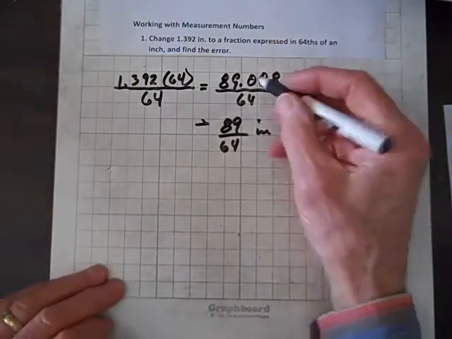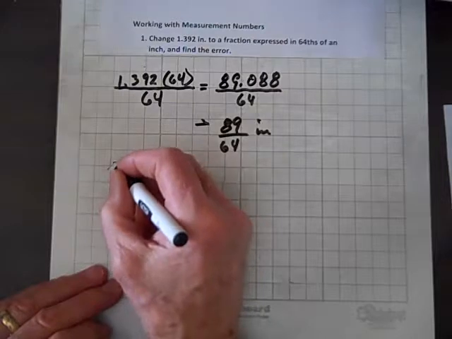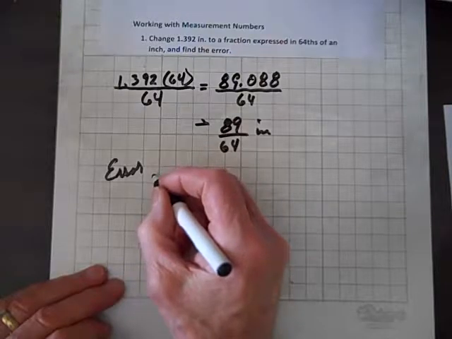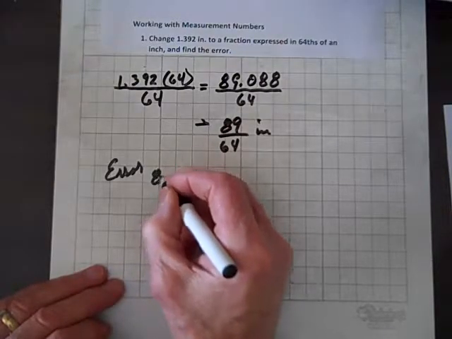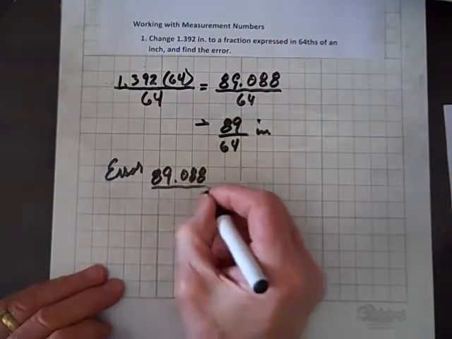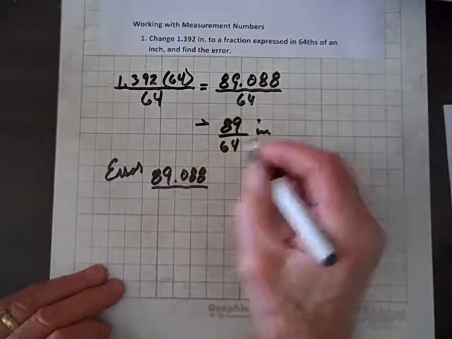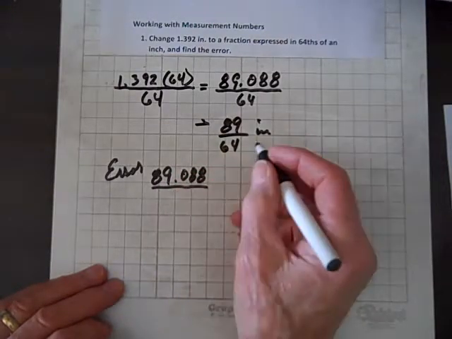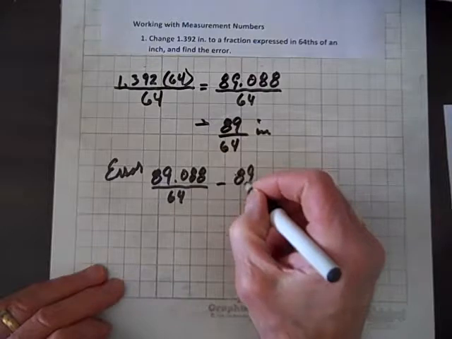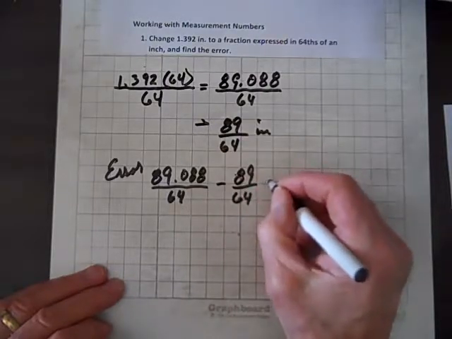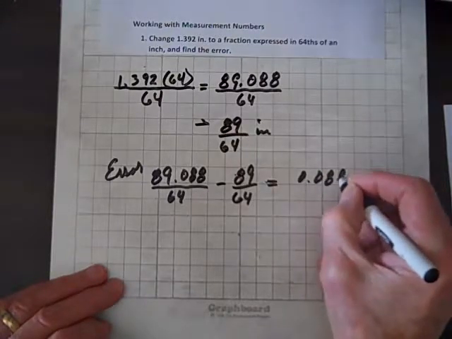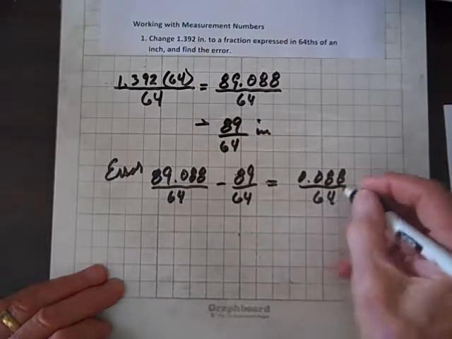Now the error is going to be the difference of these two. So the error is 89.088 over 64 minus 89 over 64, and this difference equals 0.088 over 64, and those are inches. All this is in inches, but I just write the units on the last statement.